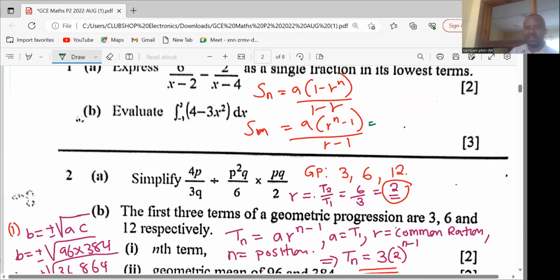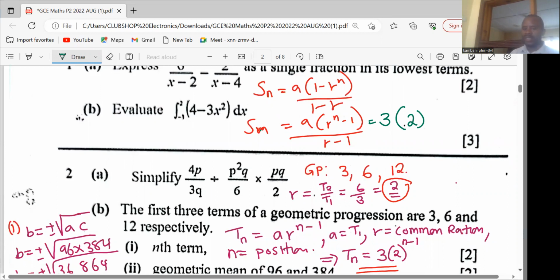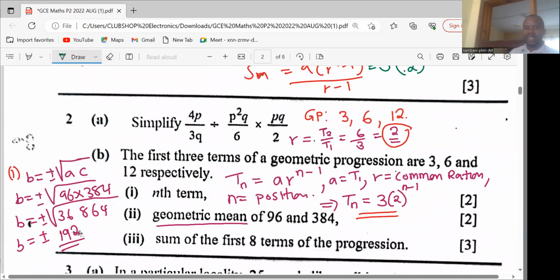We have our first term being 3. Our ratio is 2 to the power. Now, take note here. n here is the number of terms we are dealing with. All right. And here we are saying 8 terms.